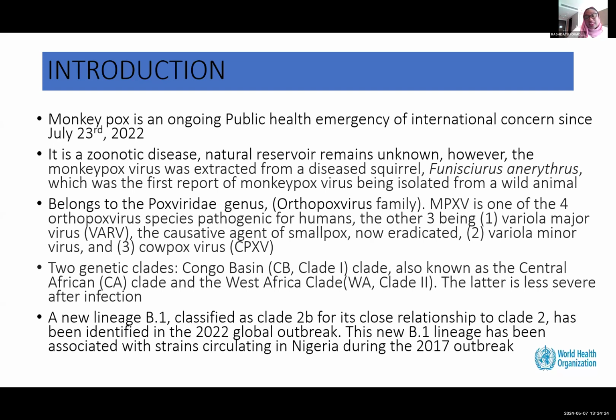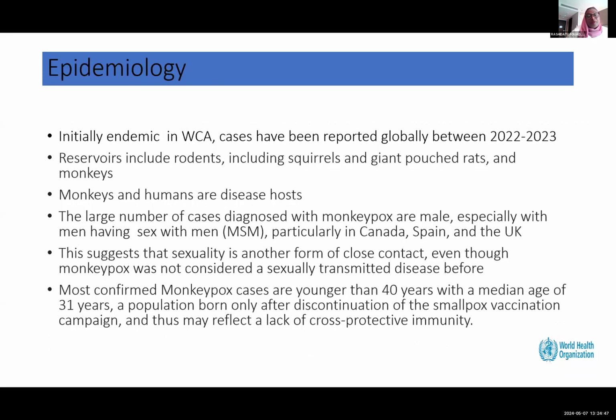The latter is actually less severe after infection. In 2017, during the outbreak in Nigeria, there was a new lineage, the B1, which was seen in Nigeria, and that has been classified as clade 2B.